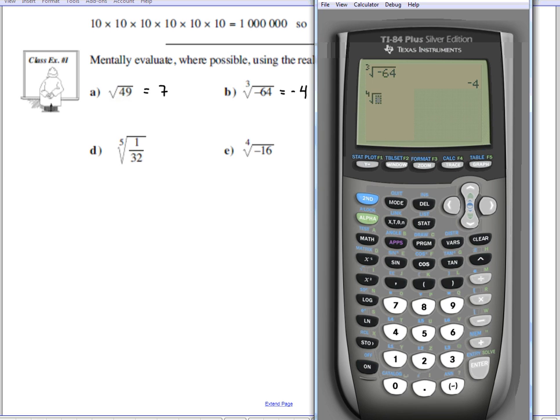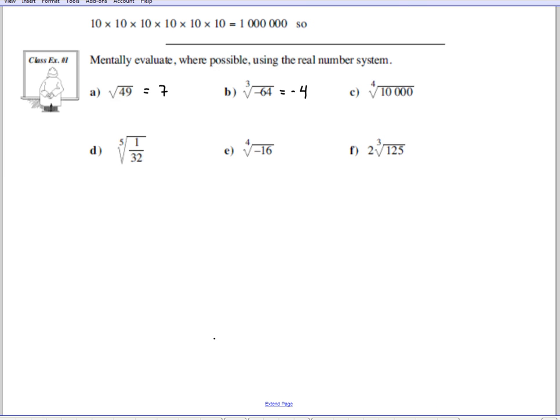So the 4th root of 10,000 is 10. It's the same thing as square rooting twice: the square root of 10,000 is 100, and then the square root of 100 is 10.